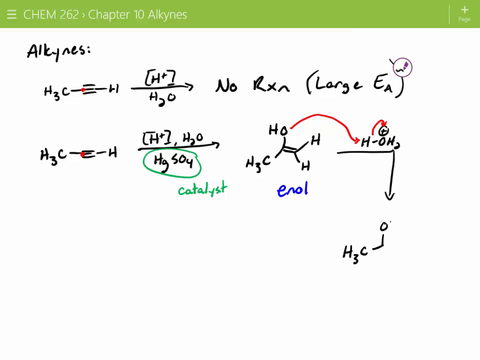We've got OH2 plus. We've got our 2 hydrogens down here. Now what can we do in order to stabilize that positive charge?